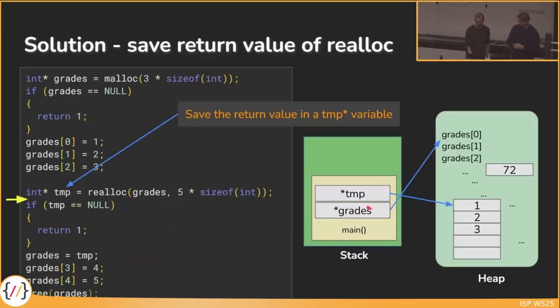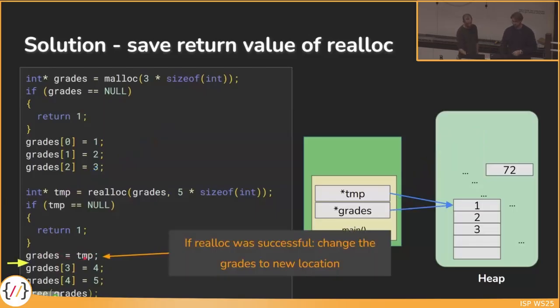So this grades here still points to the old location, so we have to manually reset it to the new location, but we have to store the new location somewhere, which is this temporary pointer. And as soon as we know that it worked, because there was memory available from realloc, then we set it to the temporary location, and now we have these grades again at the true location.